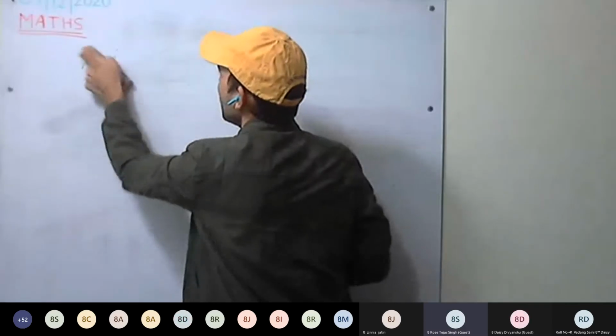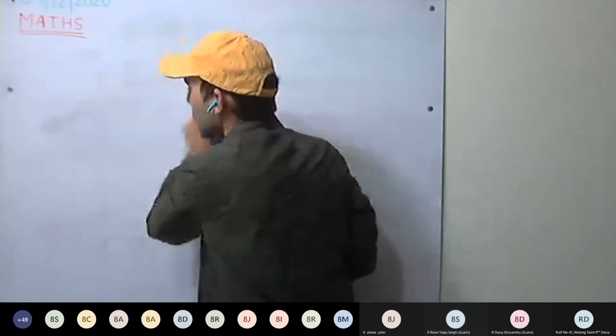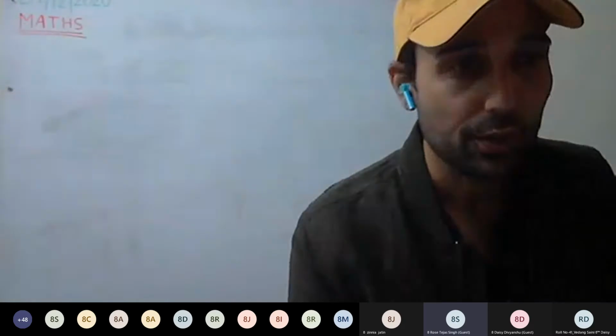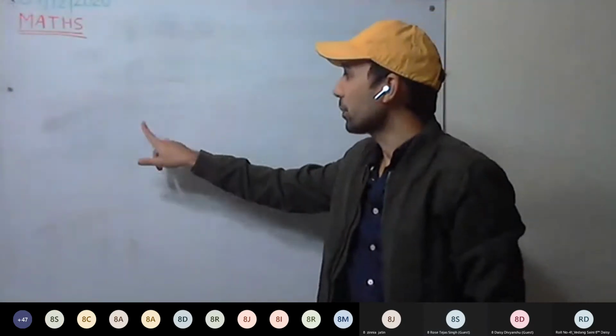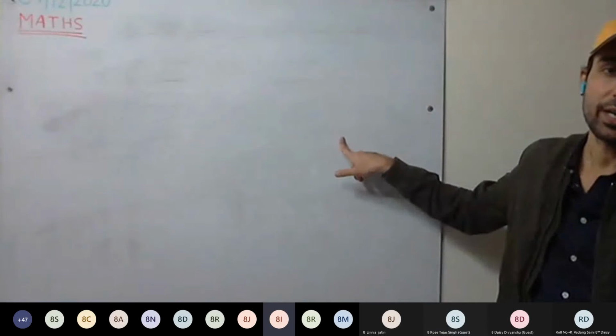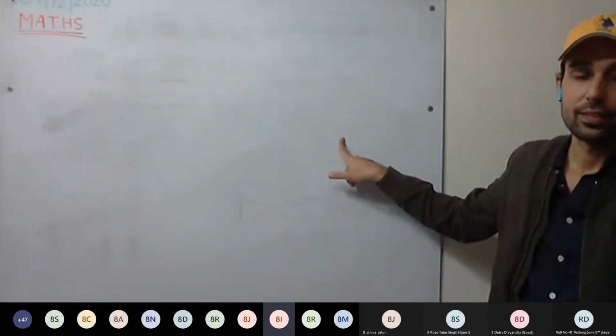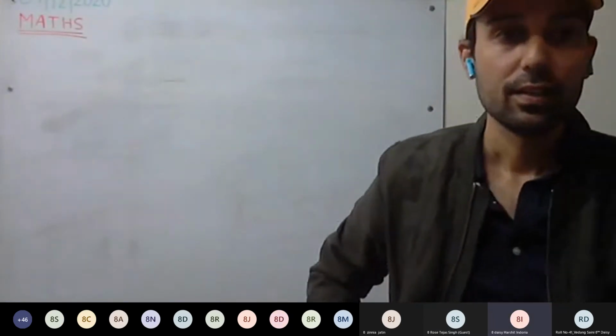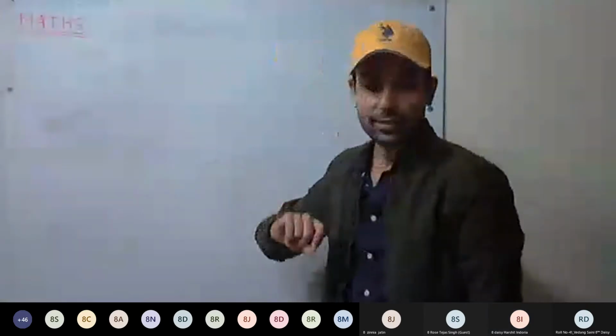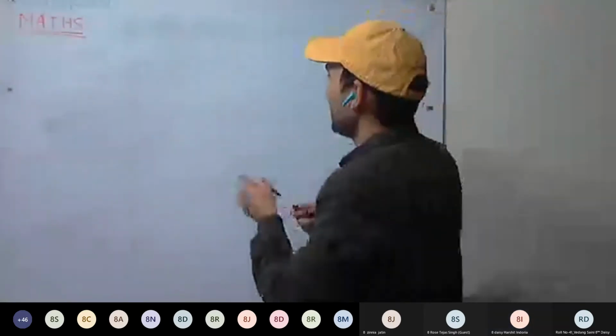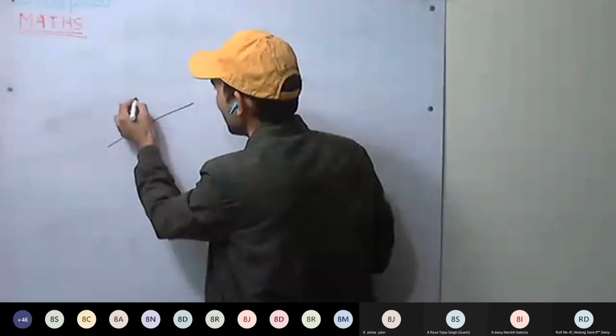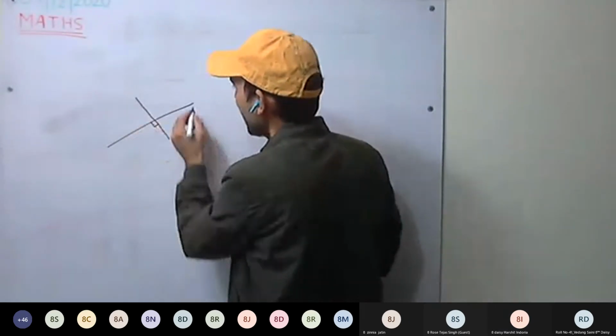Sir, diagonals in a rhombus are not equal? No, diagonals in a rhombus are not equal. If diagonals in a rhombus become equal, it will become a square. Sir, but they meet at 90 degrees, so why are they not equal? If I draw these two, they are meeting at 90 degrees.